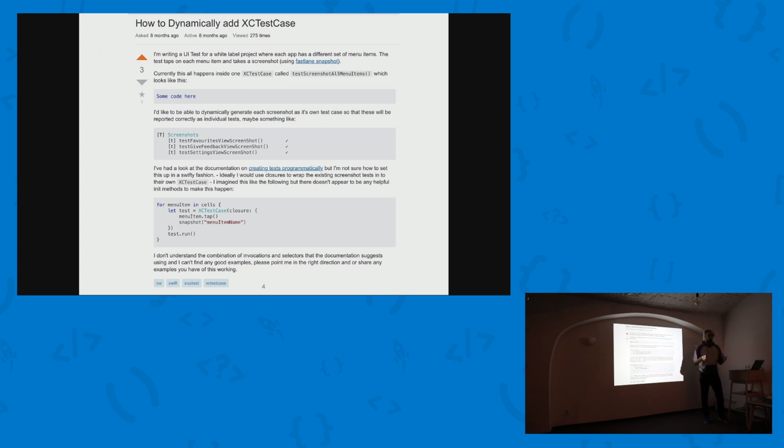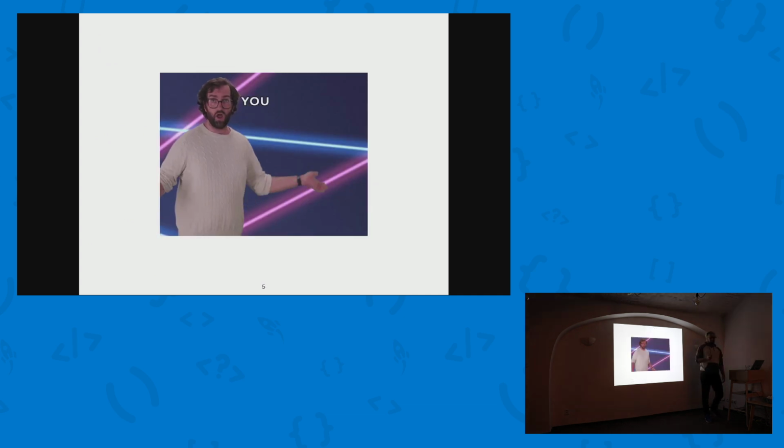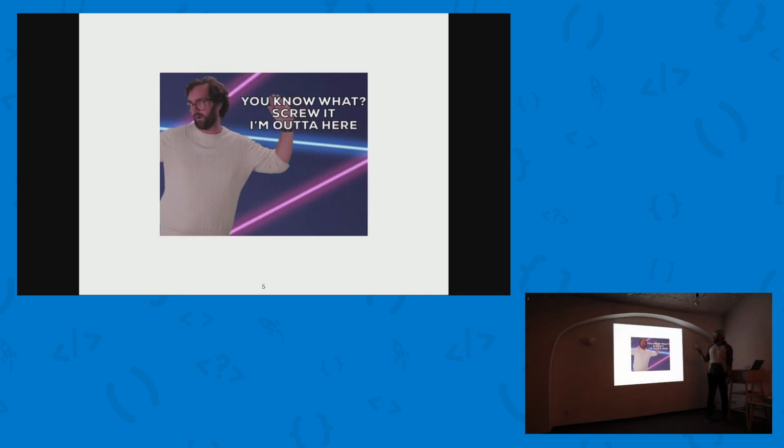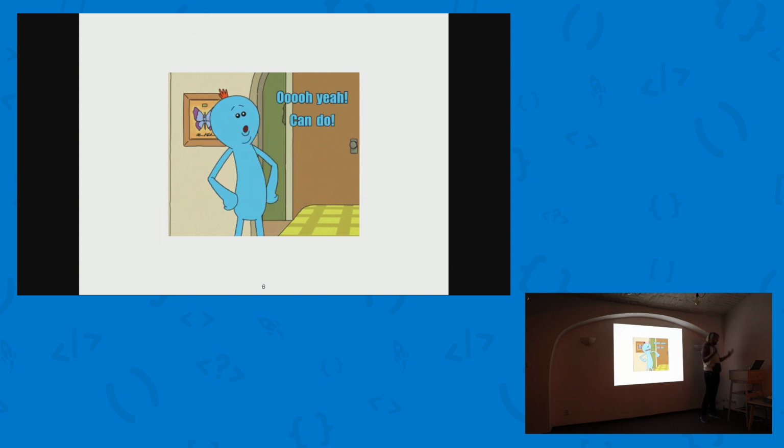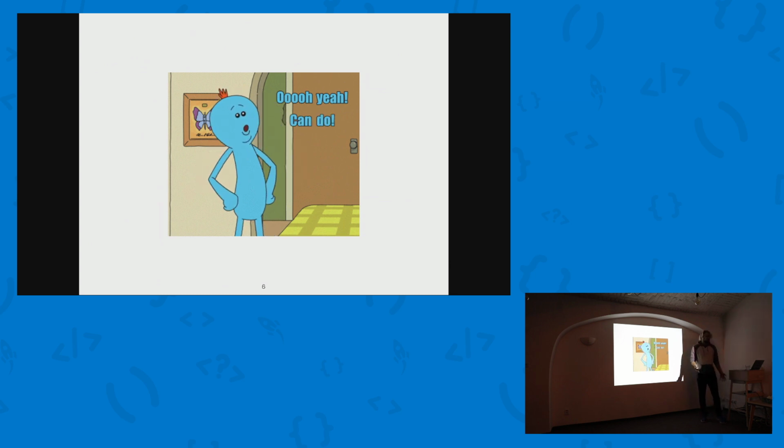He wants to run tests for each pair of parameter and result, and have different tests, because you don't want one test to fail for 25 reasons. So I'm like, why not? Let's do it. I don't have any idea how to do it, but Google is my friend.